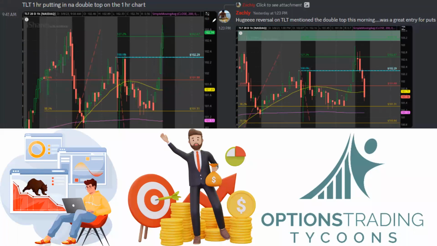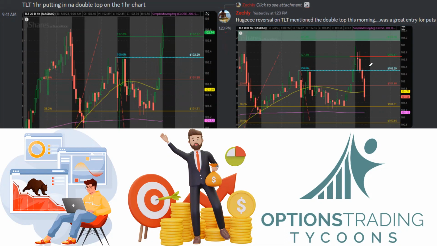And essentially what we're looking at here is yesterday's price action, okay, 9:41 in the morning. I'm taking a screenshot of my chart and saying, hey, TLT is putting in a double top here, right? This could be a good put entry right here. And then you can see that later on in the day, around 1:23, we did get that reversal.